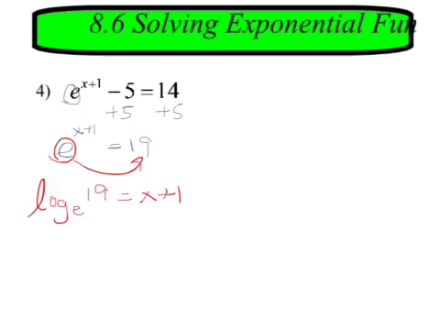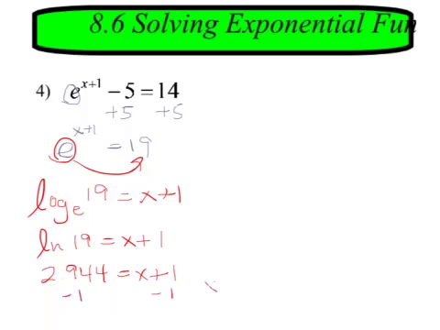And again, I can either remember that this is the same as the natural log of 19, and then I can type it right into my calculator that way. And then I have one last step, minus 1, minus 1. And so this way I get x is approximately, remember we rounded, 1.944.